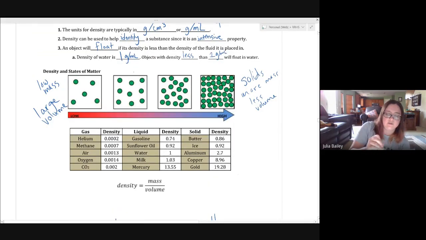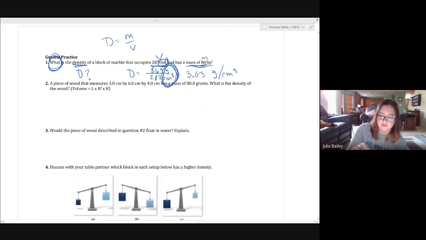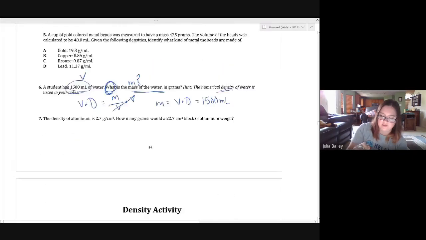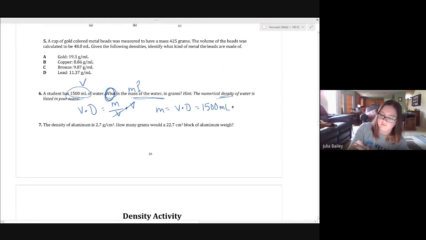Oh, density of water is 1. That means I'm actually just multiplying times 1 gram per milliliter. So 1,500 times 1 is going to be 1,500. And then we're left with grams for our unit of mass.